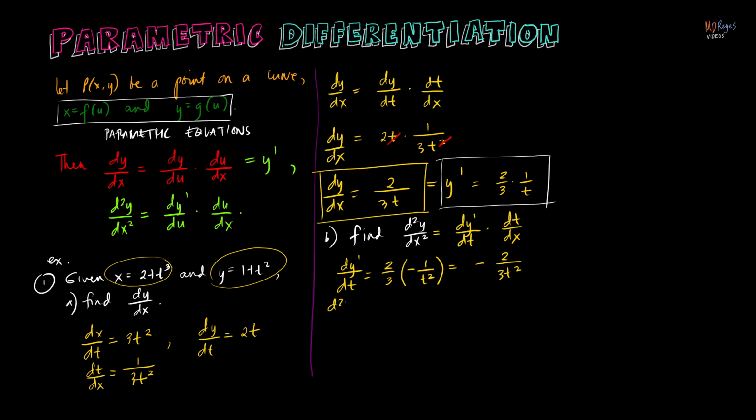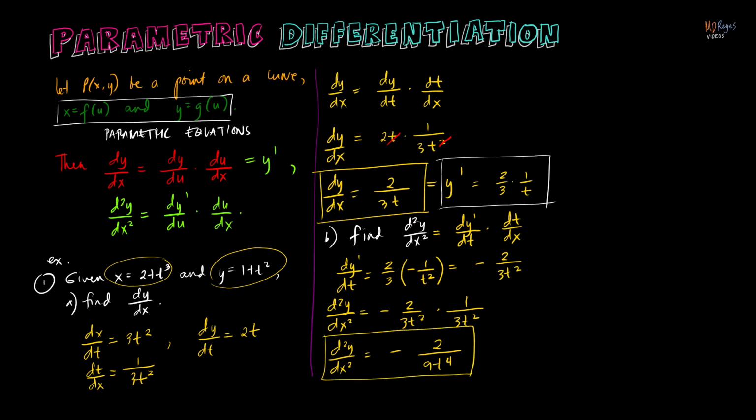The second derivative of y with respect to x using the formula is equal to dy prime over dt, which is negative 2 over 3t squared, times dt over dx, which is 1 over 3t squared. Simplifying the answer, the second derivative of y with respect to x is negative 2 over 9t to the fourth.